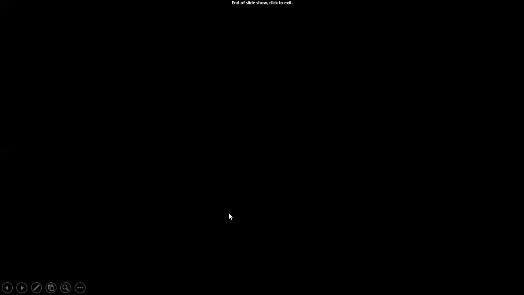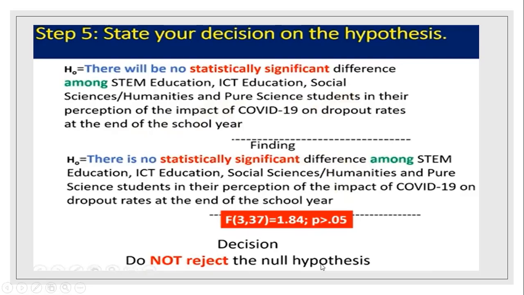Your decision is you do not reject the null hypothesis. Why? Because you stated that there will be no statistically significant difference, and truly there is no statistically significant difference. Why? Because it is greater than 0.05. So your decision will be do not reject the null hypothesis.